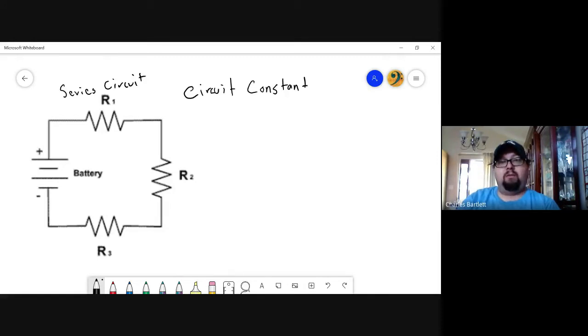That is a value that doesn't change at all, no matter how many resistors or devices you put on the circuit.